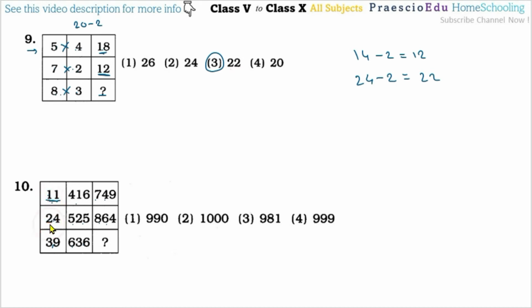So likewise 2 and that 2 square is the 4, so 4 and this 2 formation of the 24, this is the number. So likewise 3 and square 9, 4 and square is the 16, so 5 and 5 square is the 25, 6 and 6 square is the 36, then 7 and 7 square is the 49, 8 and 8 square is the 64. So likewise here 9 and 9 square is the 81, so 981. So this is given in option number 3.